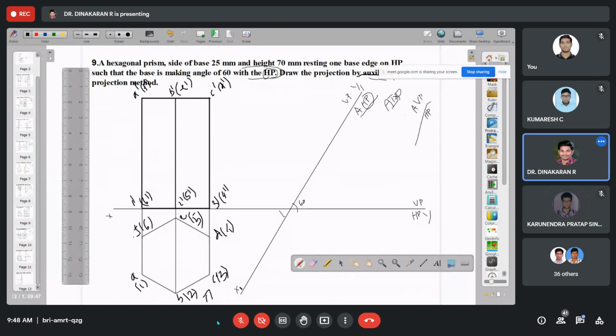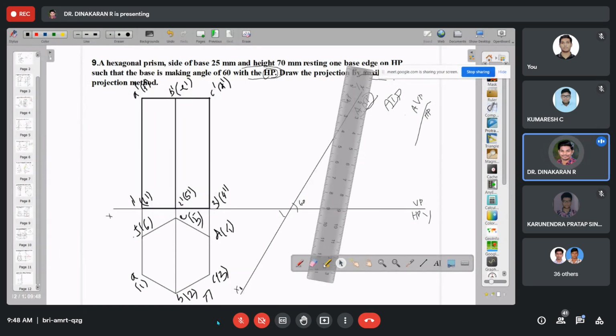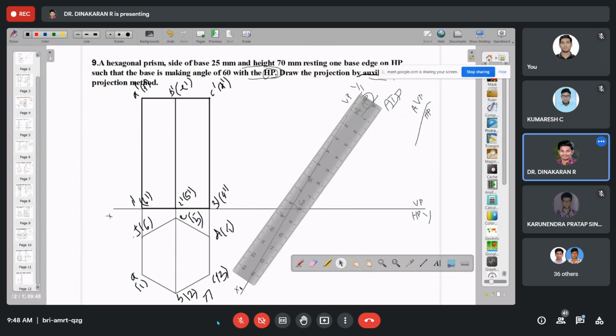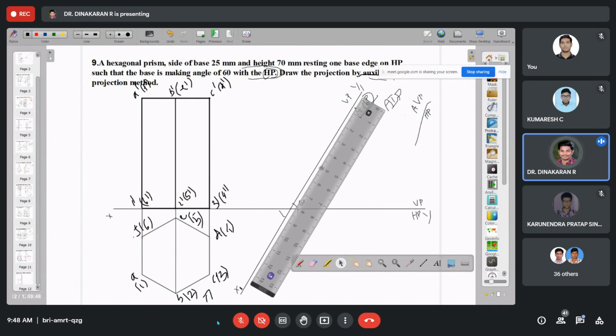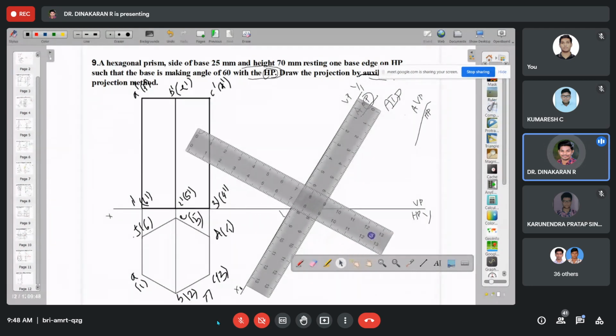Okay. So after marking this, we are going to draw perpendicular lines with respect to the XY line, X1 new line, from all the edges of the prism. That is the true faces.